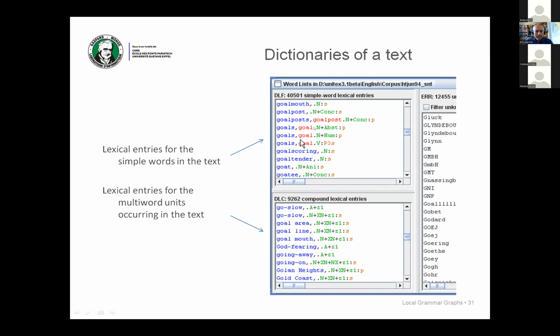And then you have a dot and inflectional features here, part of speech, and human noun, abstract noun, concrete noun, and so on.